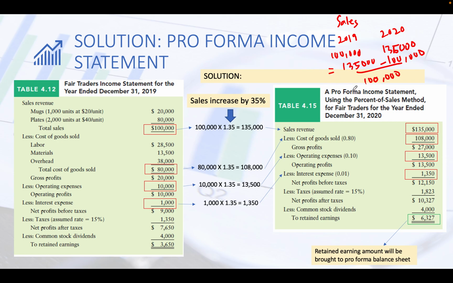Maksudnya adalah, saya tulis formula sini, sales 2020 minus sales 2019 divided by sales 2019. So kat sini tolak bahagi dapat 35% ataupun 0.35.